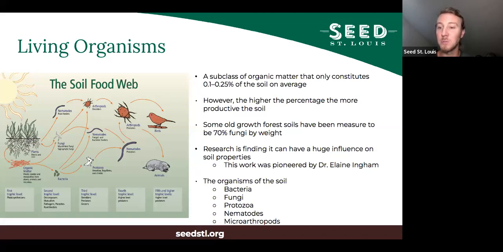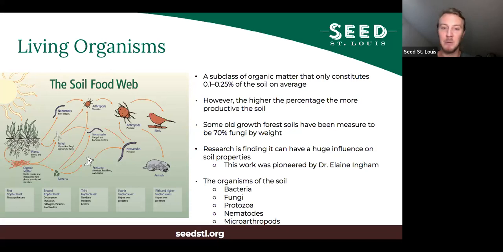Some old growth forest soils have been measured to be 70% fungi by weight, which is wild because fungi is not heavy. You hold a mushroom, it is not a heavy thing. And the soil is 70% fungi by weight in some old growth forests, which are pretty productive landscapes.